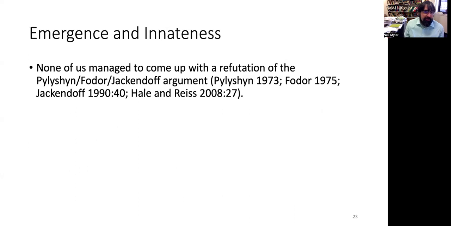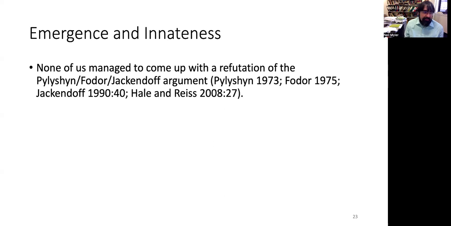Now, on the topic of emergence and innateness, of course, the grammar builder, and insofar as it has constraints on the sorts of rules it can build, the grammar as well, is a natural point at which to ask about emergence and innateness.